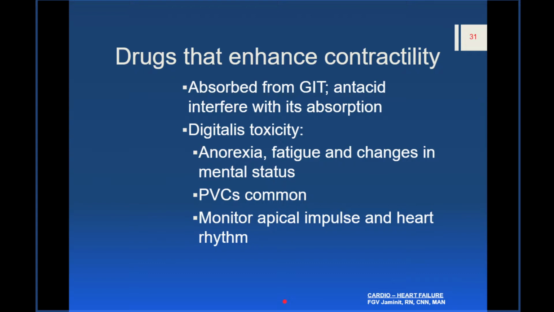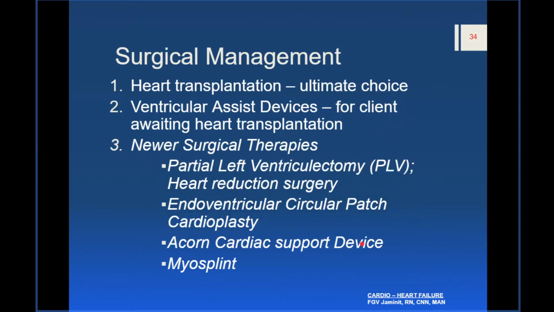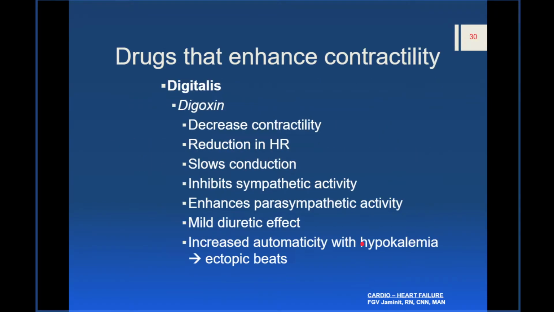So for the toxicity, as I have mentioned, you should be monitoring your patient for the presence of anorexia, fatigue, and changes in the mental status. Premature ventricular complexes are common with the patient. That's why I have mentioned earlier, no, with regards to the skip beats, like this one, the ectopic heartbeats.